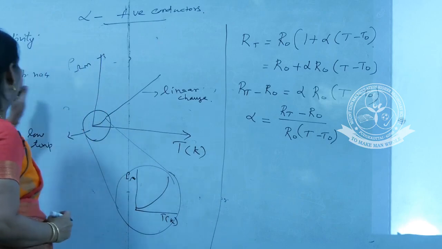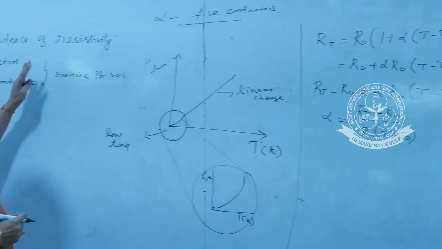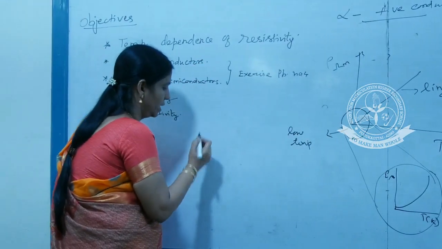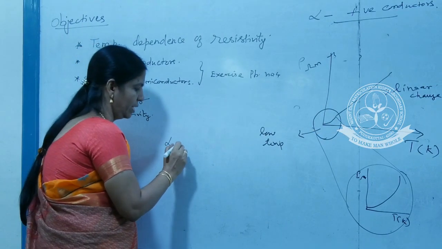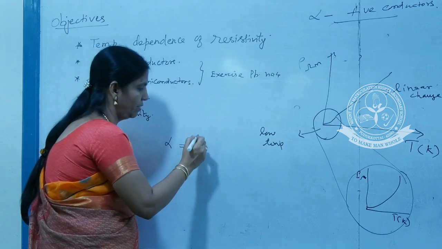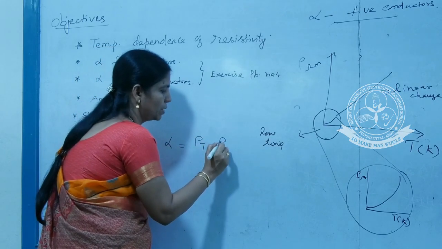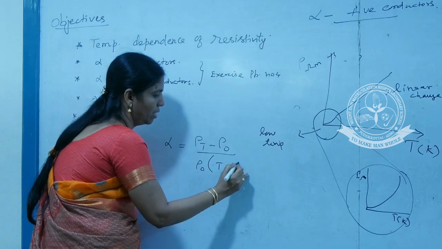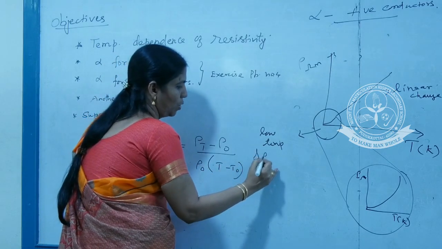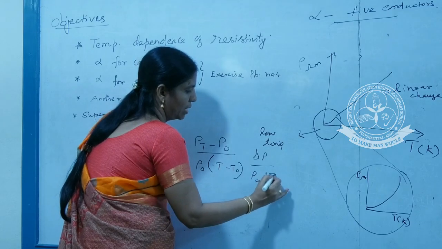So we have now learnt what alpha is, that is, the temperature coefficient of resistivity. Based on the resistivity, it is (rho_T minus rho_0) divided by rho_0 into (T minus T_0), that means delta rho by rho_0 into delta T.